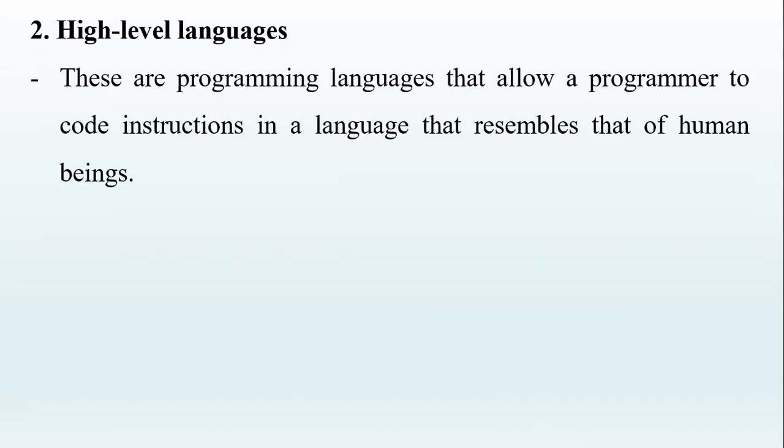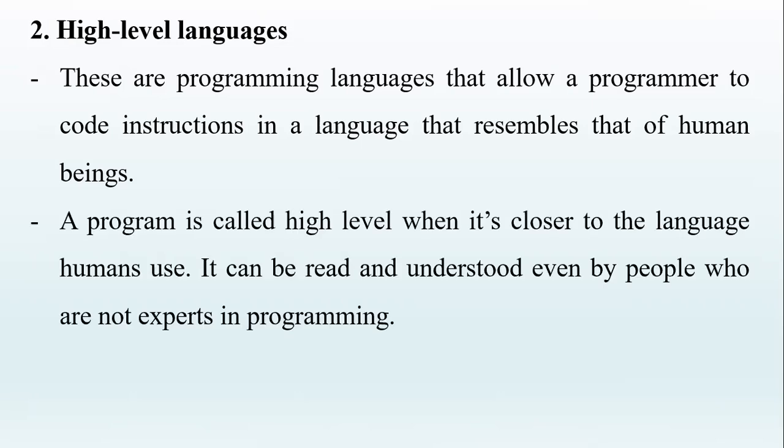The other category of programming languages are the high-level languages. These are programming languages that allow a programmer to code instructions in a language that resembles that of human beings. A program is normally called high-level when it's closer to the language that humans use.